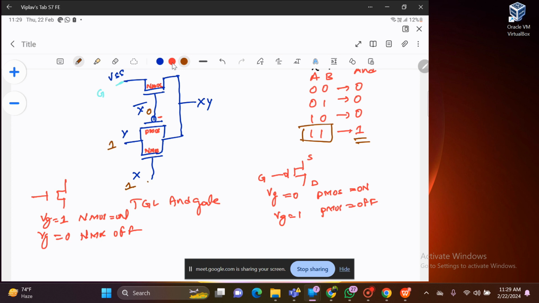When there is a 1, the gate voltage for this NMOS is 1, so it is on. The gate voltage of 0 for this PMOS makes it also on. So when both are on, then directly this 1 is flowing to the output. That's it. This is how we get the output of the NAND gate.